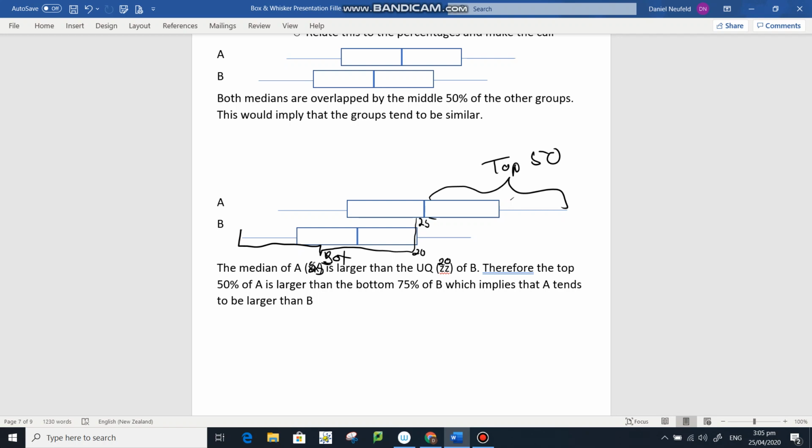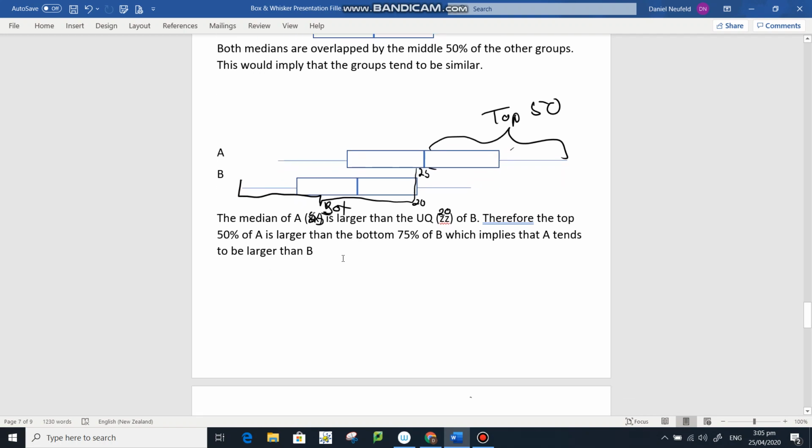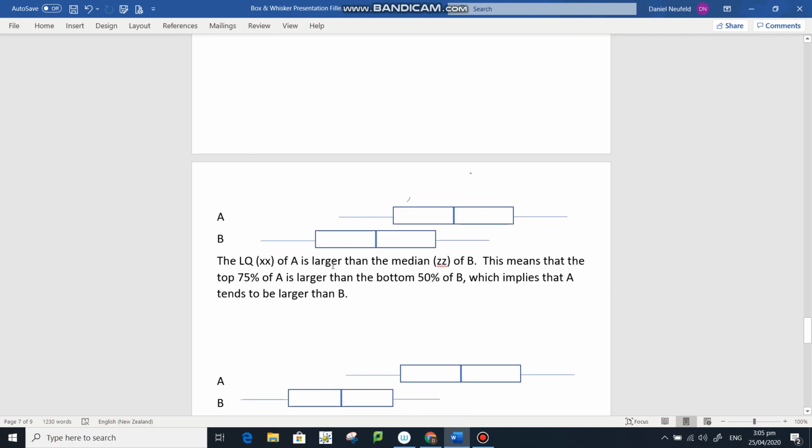So I say what it is, and then I say what it means. Again, this implies that one tends to be larger. It's not always larger, it just tends to be. Over here, in this case, the median is lower than this LQ. That's the median of this one, and it's smaller than the LQ of group A. So I say that the LQ, whatever number this is, is larger than the median of B, whatever number that median is.